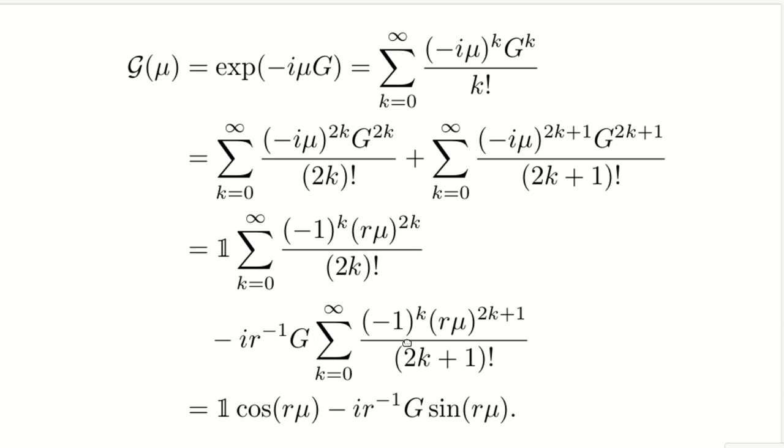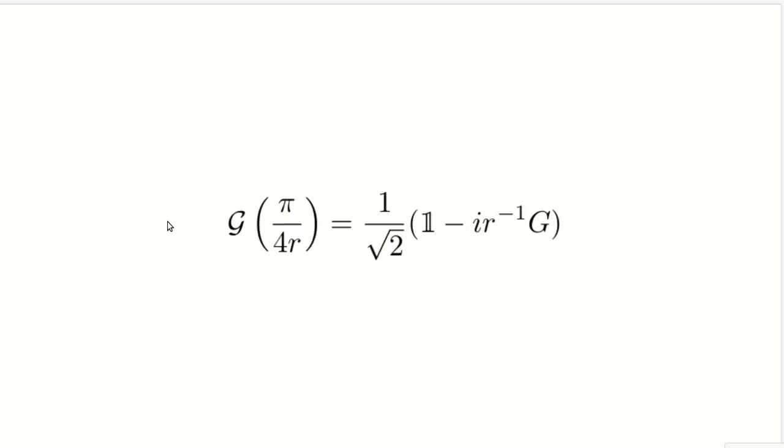It can be further simplified in this form, where one g will be remaining, and this expression is basically equal to cos, this first one, and the second one is basically sine. So overall, any single qubit gate can be represented in this very simple form. And we will use this fact for a specific value of mu, which is equal to pi by 4r.